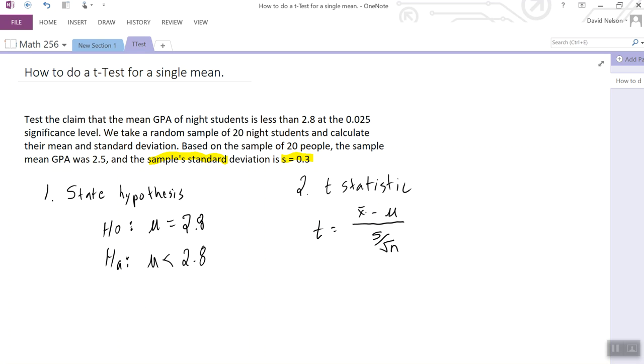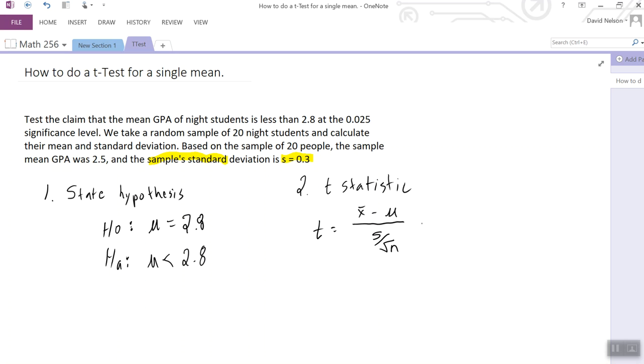It's going to be t is equal to x bar minus mu, all divided by s over the square root of n. And again, the reason we're using the t statistic is because we don't know the standard deviation of the population. We have the sample standard deviation is 0.03, and because of that, we have to use the Gossett's t distribution instead of the normal distribution.